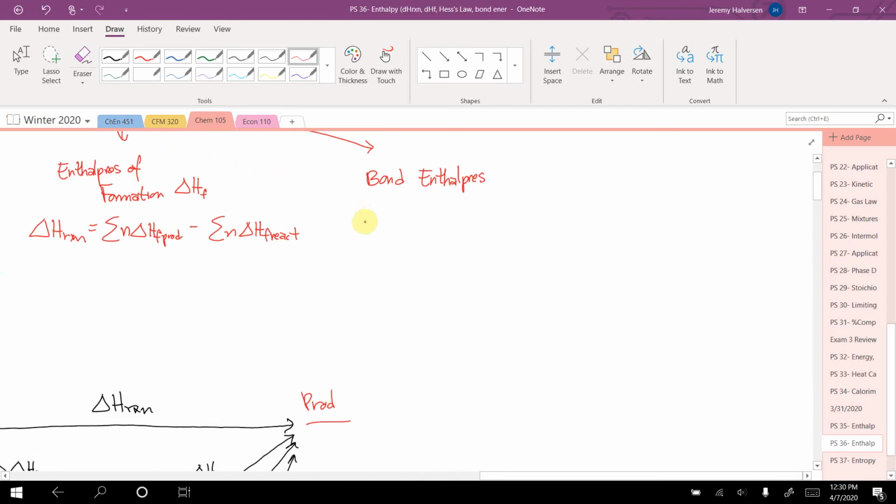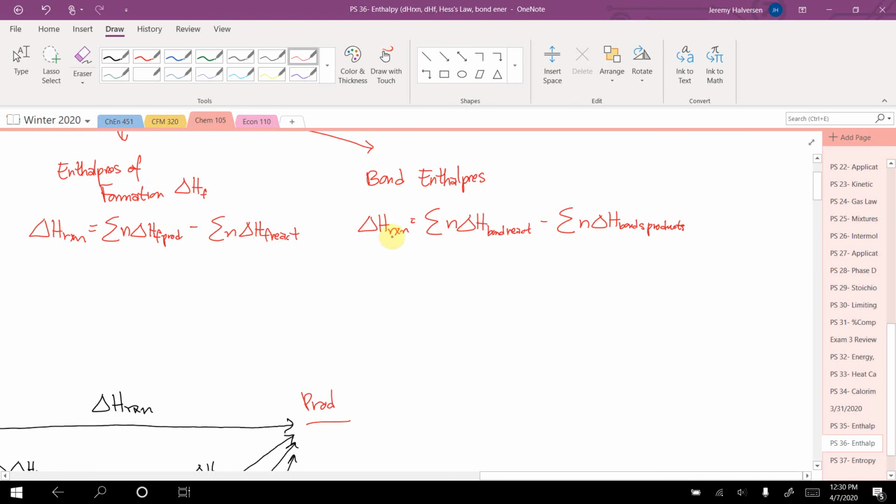What that looks like is that the delta H of a reaction is going to equal the sum of N times the delta H of bonds in the reactants minus the sum of N times the delta H of the bonds in the products. Okay, this N just says you multiply by the number of bonds you have. In this case, you multiply by the number of molecules you have.